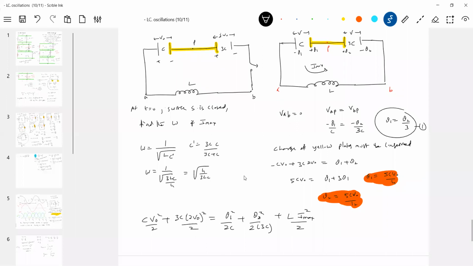Now you can ask why you are not writing I max equal to Q naught omega. Can I use that formula?